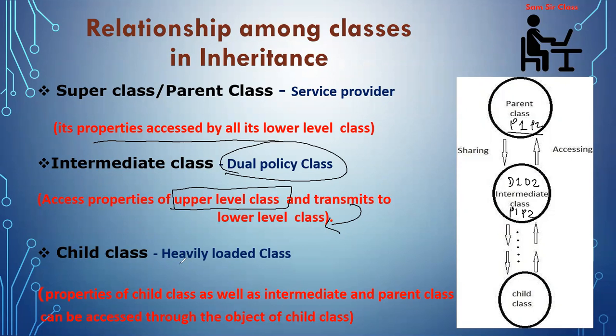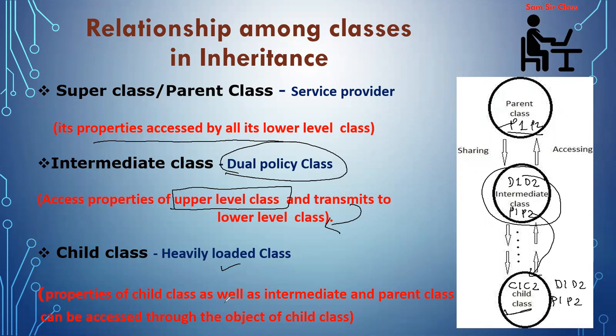Now child class is actually heavily loaded. Why? All the data of intermediate class along with parent class properties will be passed to the child class. So if the child class has its own properties C1, C2, along with that it will get D1, D2, P1, P2. Everything will be available to the child class. That's why this is known as a heavily loaded class.